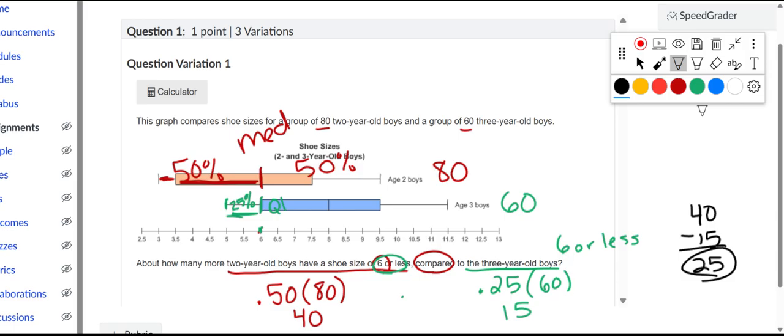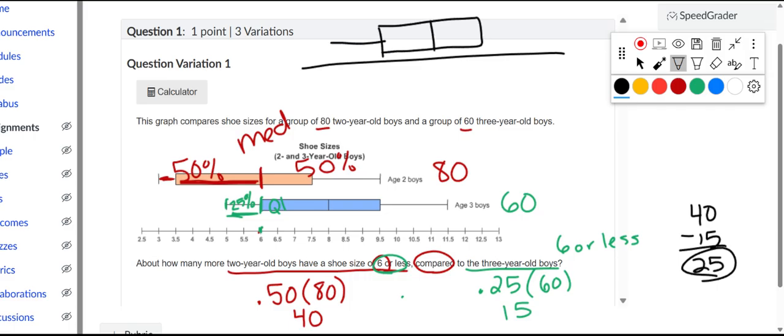Just to be clear about the box and whisker plot percentages, let's look at this one more time. And it doesn't matter what the length, like if they don't look like 25%, you need to know they are 25%. So from the minimum to quartile 1, that's 25%.